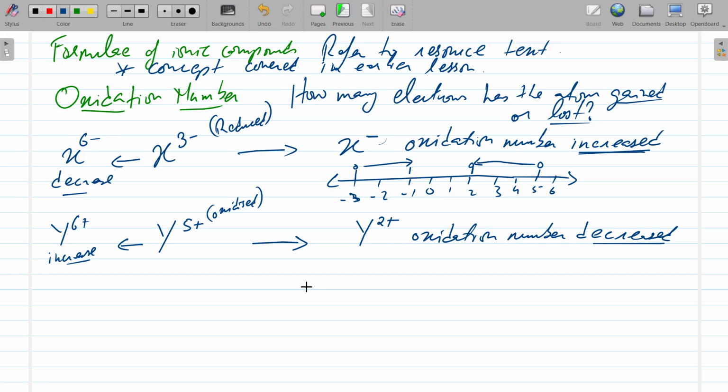There are examples of this. Now, the definition I was talking about. Oxidation, we already talked about oxidation being a gain of oxygen or loss of electrons. Oxidation can also be an increase in oxidation number.